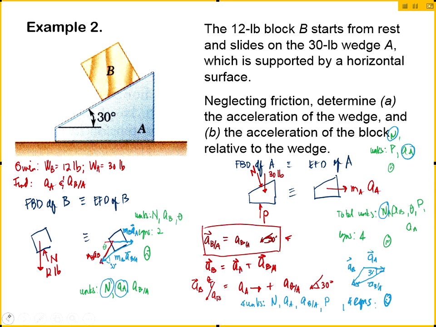Yes? I'm having a little confusion seeing how we can say that block A is also moving. Look at this diagram. We know it's not moving along the vertical. Is there a net force along the horizontal? Just look at the free body diagram.